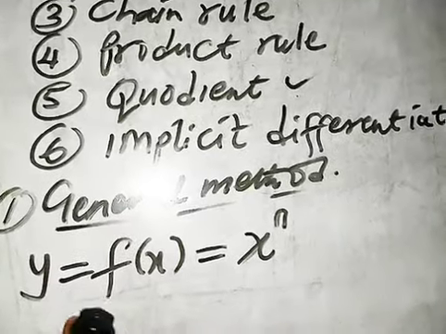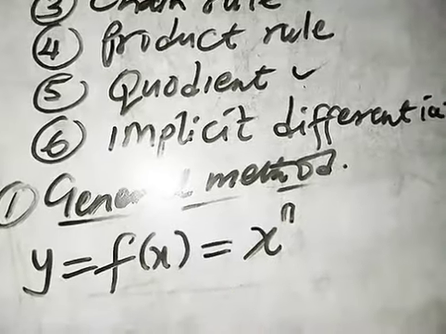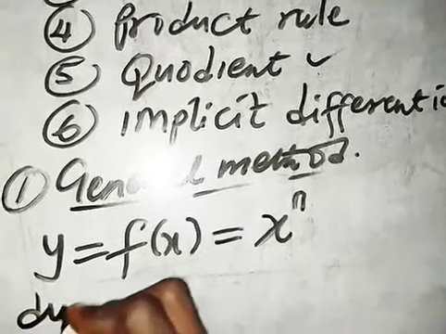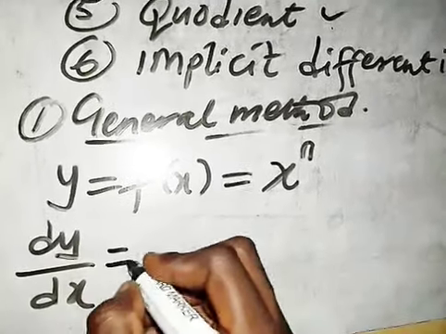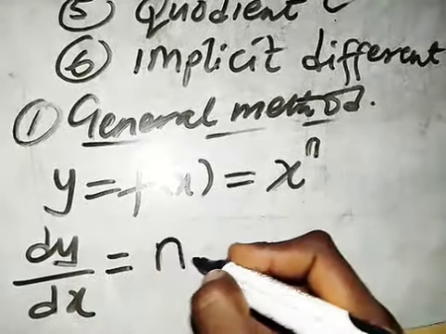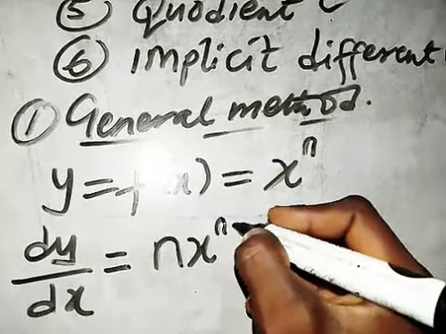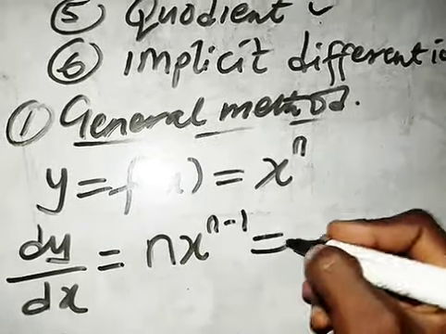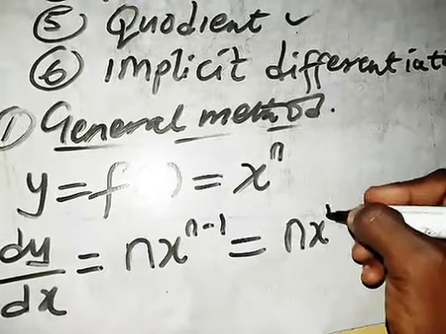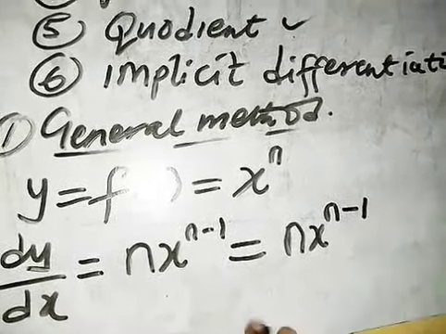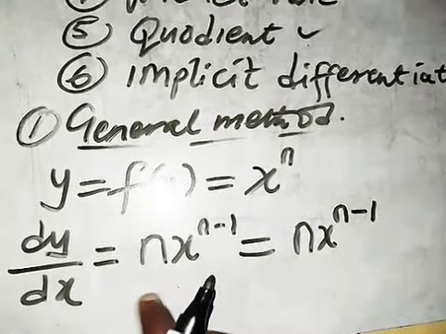So if you are given y is equal to x to the power of n, to find dy/dx, dy/dx will be equal to n multiplied with x to the power of n minus 1, which is equal to nx^(n-1). This is the formula for general method if you want to solve differentiation.